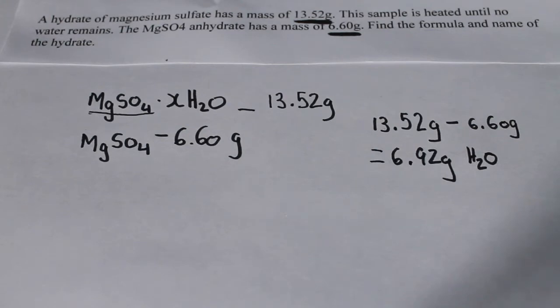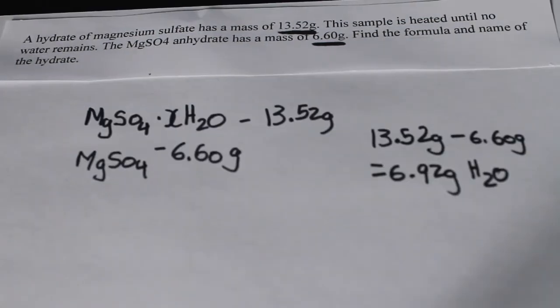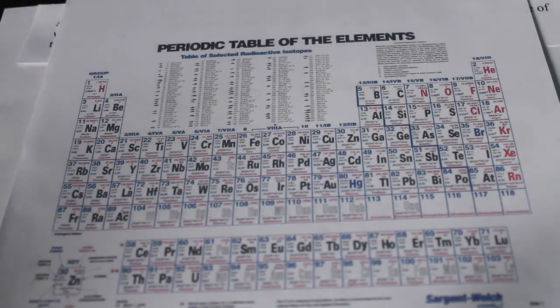The next step would be to calculate the moles of water and magnesium sulfate. But we must calculate their molar mass first. Now, one thing to remember when doing questions like this is that the hydrate must always have a higher mass than the anhydrate.